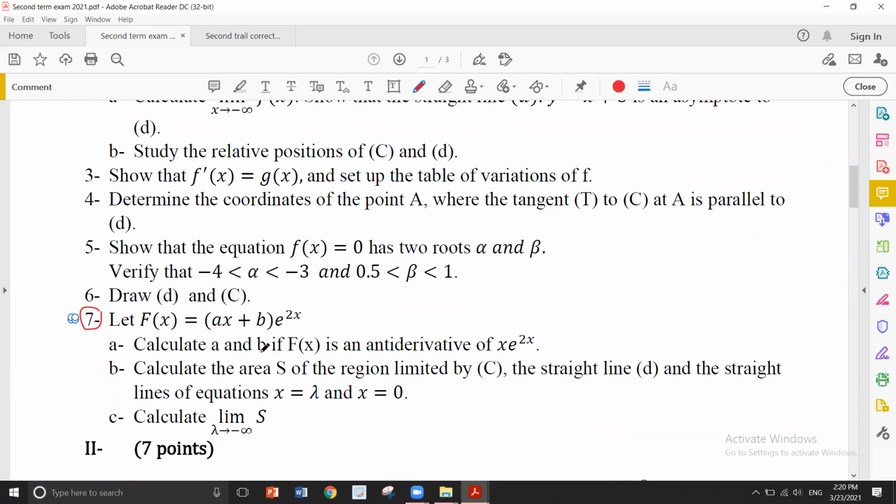Calculate a and b if f(x) is an antiderivative of x e to the 2x.